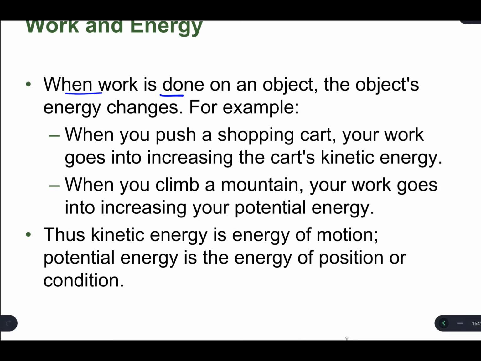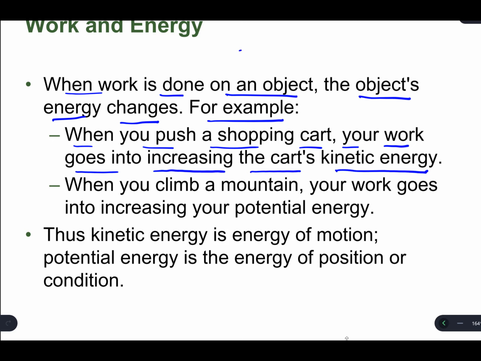When work is done on an object, the object's energy changes. For example, when you push a shopping cart, your work goes into increasing the cart's kinetic energy. Imagine that there is a cart here and you start to push it. Imagine it was moving with a specific velocity, and when you push it with a specific force, its speed increases.